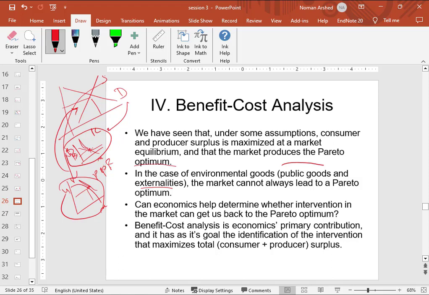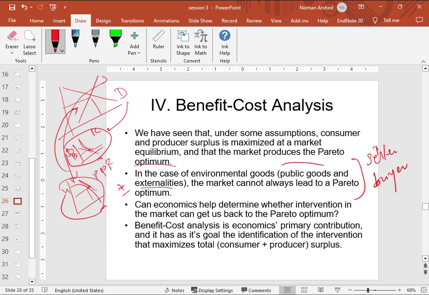It can be a good service, a positive externality, or a negative externality. In that case, it's not guaranteed that it is Pareto optimal, because either the seller or the buyer is missing. Because it's a public good, nobody is maintaining it, or nobody is the buyer.